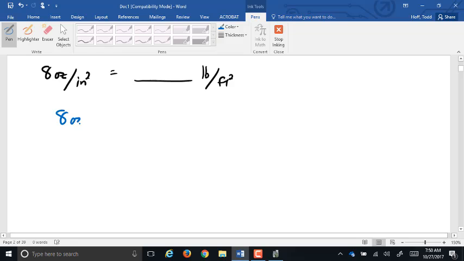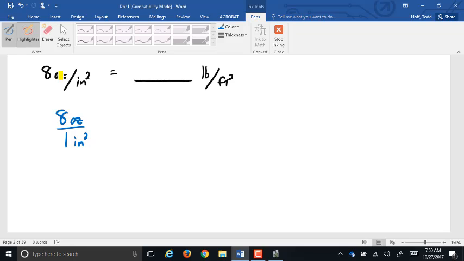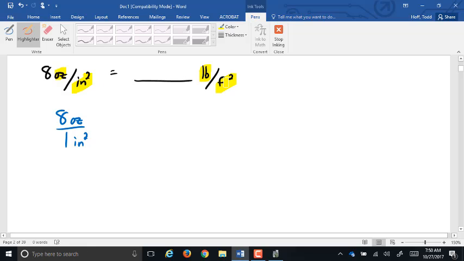So 8 ounces. Ounces and pounds are both weights, right? Square inches and square feet are both areas. So we're taking this weight to this weight, this area to that area.